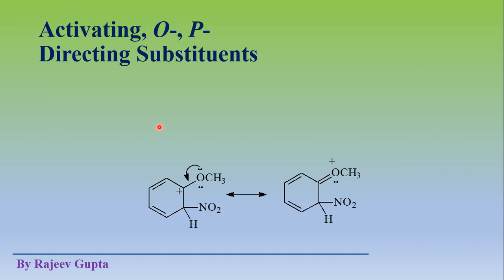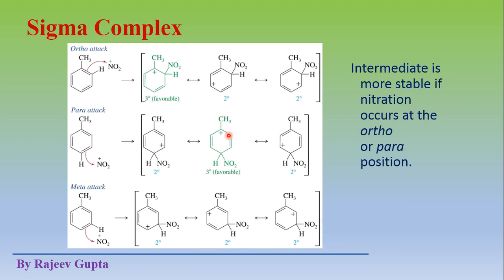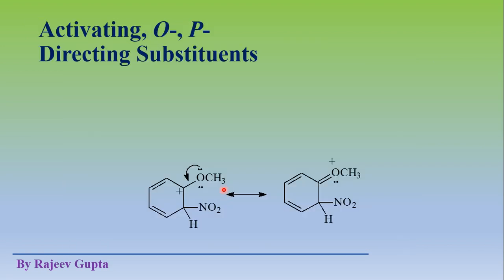Now, activating ortho, para directing substituents. As we see, the methyl group present on a benzene ring is activating and ortho, para directing. How is it ortho, para directing? We see using the concept of hyperconjugation, and also this concept where we form this type of sigma complex.